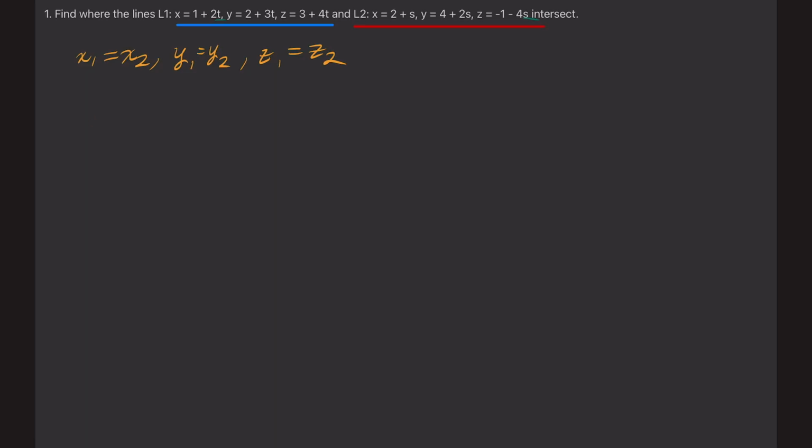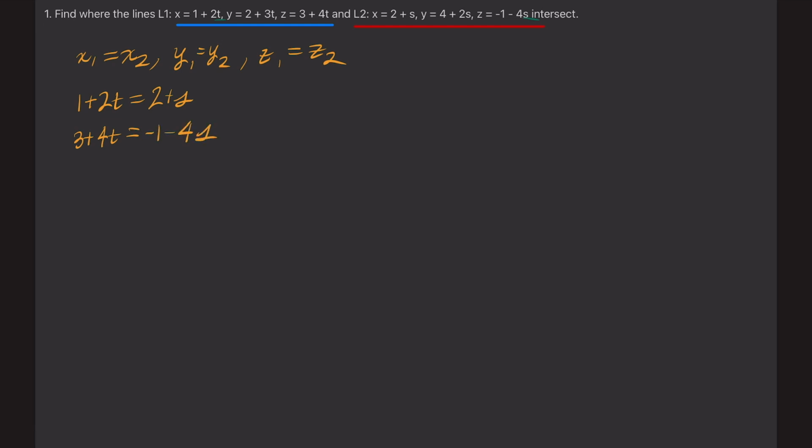So x1 equals 1 plus 2t equals x2, which is the x equation of line 2, and that's 2 plus s. So from there, we're going to take our z equations, 3 plus 4t equals -1 minus 4s.